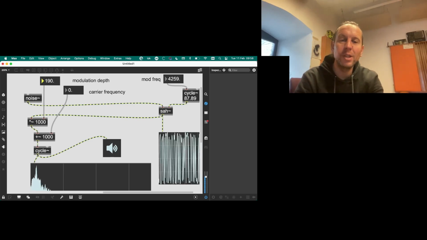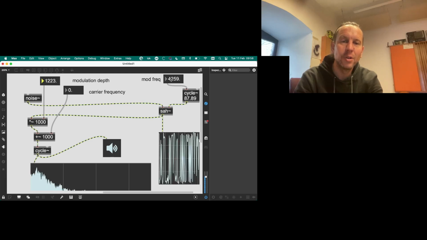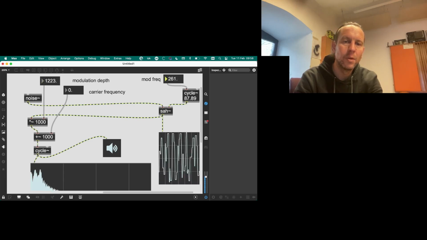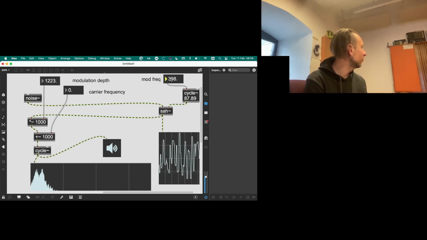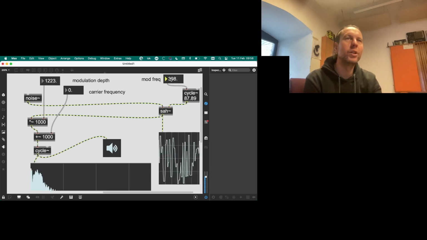So actually, you see at this stage, both of these parameters kind of reduce the complexity, reduce the noisiness of the signal, but they do it in a different fashion.